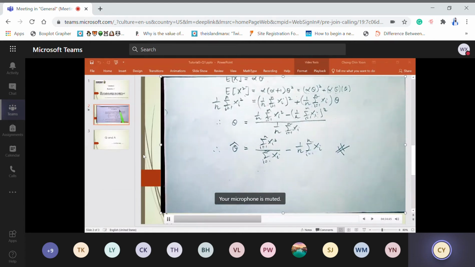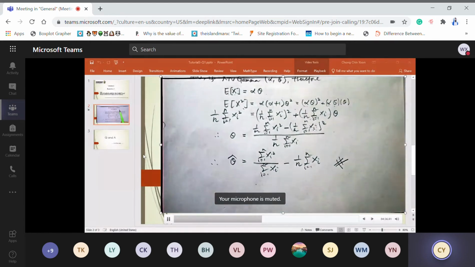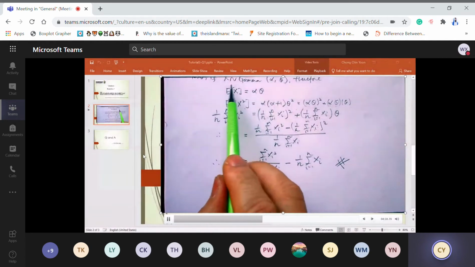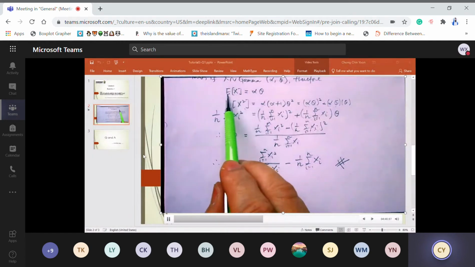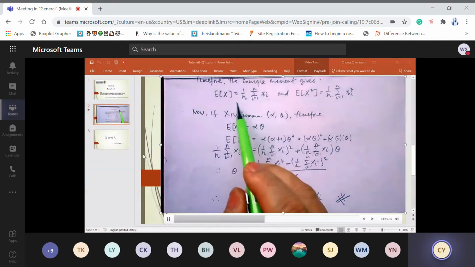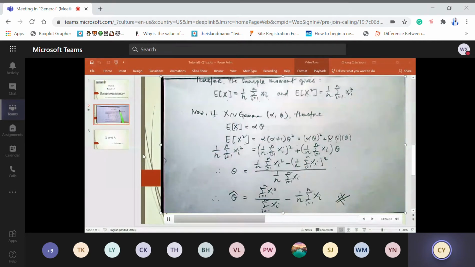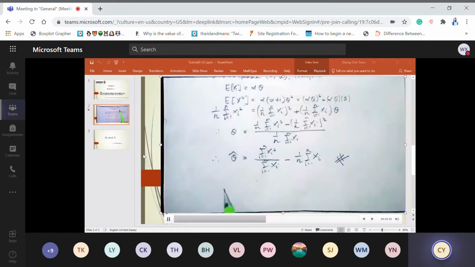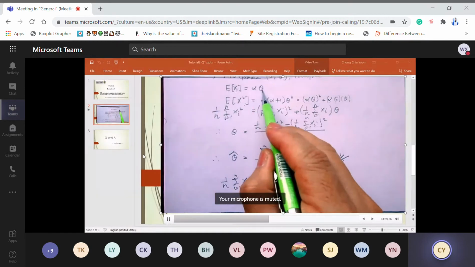And next, we try to prove the estimate of alpha. So from here, we know that the expected value of x equals this, therefore this will give me 1 over n multiplied by the summation of xi, where i takes from 1 to n, which equals alpha times theta.